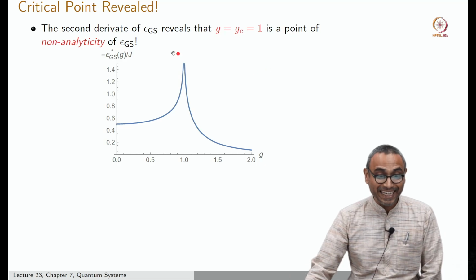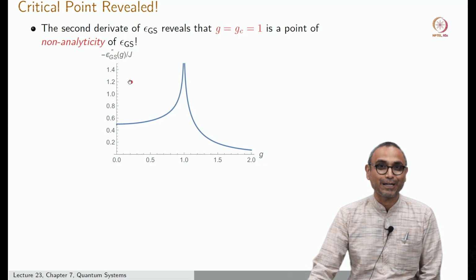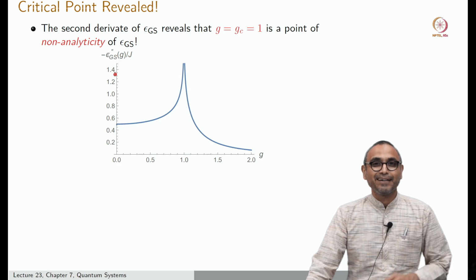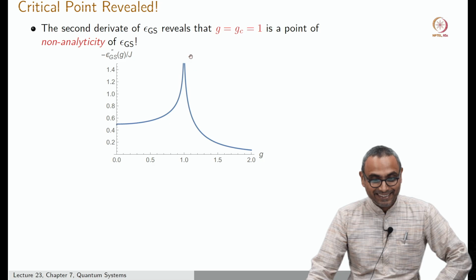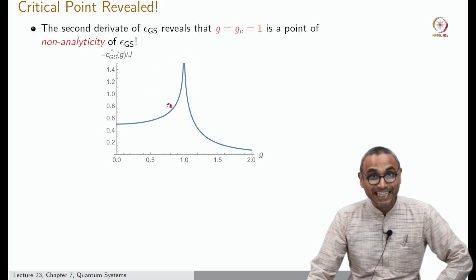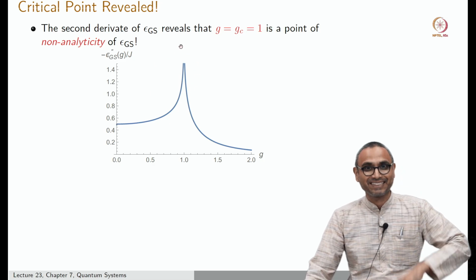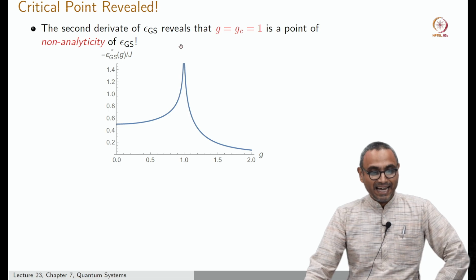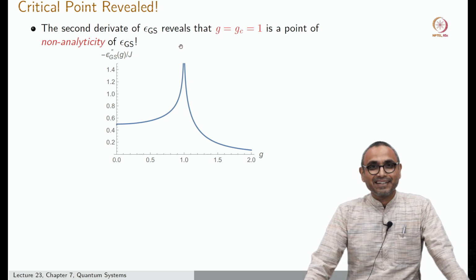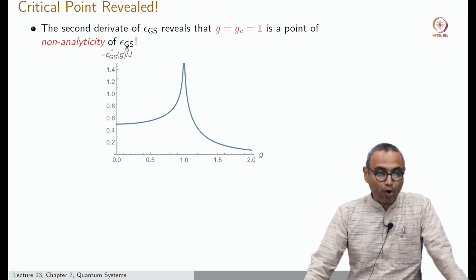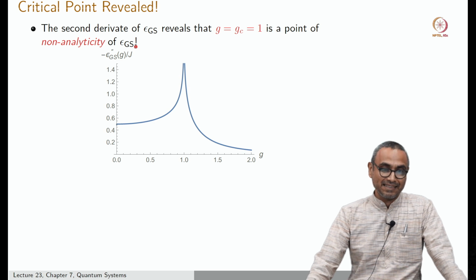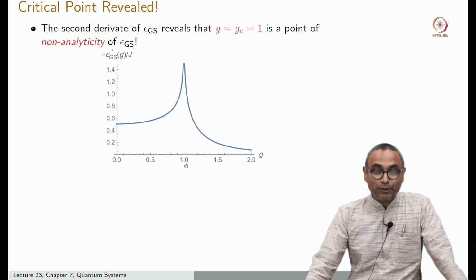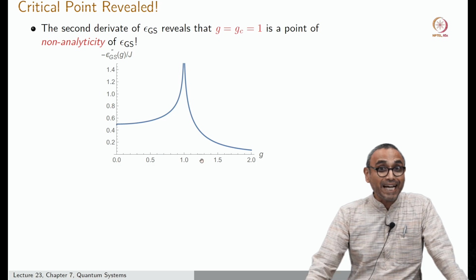If I take the second derivative of the ground state energy, now I see that at G equal to 1, the second derivative of the ground state energy diverges. And this is exactly signaling a non-analyticity of the ground state energy as a function of G. So the point G equal to 1 is a point where it is not analytic.